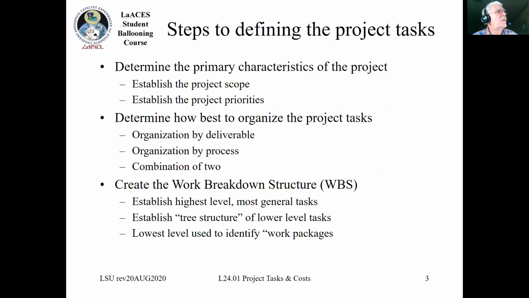Okay. So the generalized steps to defining these project tasks are really, in principle, simple. First of all, you have to define the characteristics of your project. We've already talked about some of these things. So your project scope and your project priorities. Remember that scope is derived from your goal, objectives, and requirements.